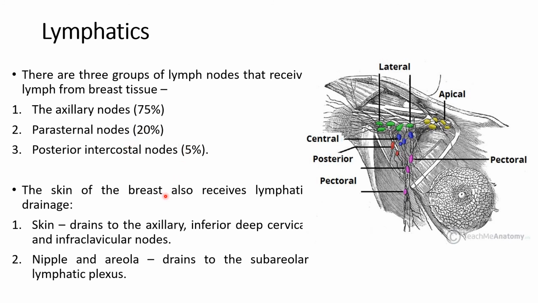The skin of the breast also receives lymphatic drainage. The skin drains into axillary, inferior, deep cervical and infraclavicular nodes. The nipple and areola drain into the supraareolar lymphatic plexus. You can see here the central lymph node, posterior lymph node, pectoral lymph node, apical lymph node and lateral lymph node.